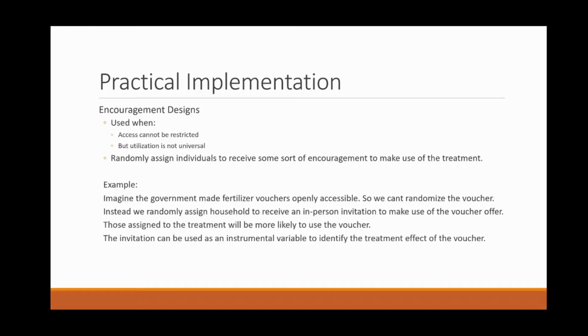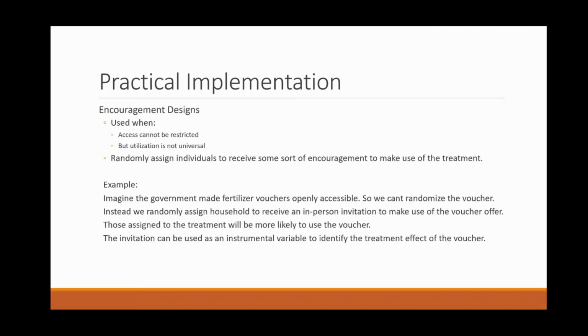Okay, so in the example of cell phones, you can't restrict whether or not people have access to cell phones, but you can introduce some sort of encouragement where, let's say, you randomly provide households with the vouchers that they use to get minutes on their cell phone. So you randomly assign people to receive minutes for their cell phone network and others to not.